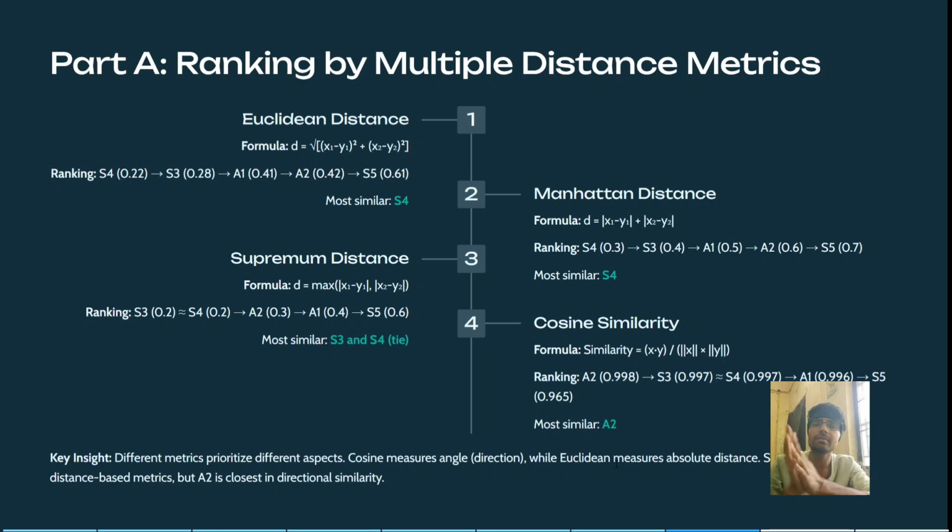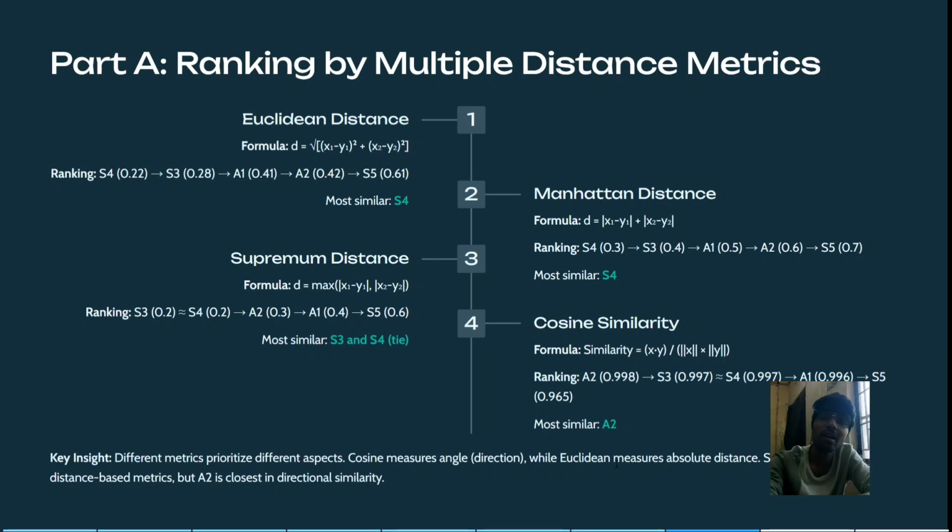So notice something interesting. With cosine similarity, the ranking changed. S2 is now the most similar. This is because cosine measures the angle between vectors, not their magnitude. All their profiles are pointing in a very similar direction, meaning they have a similar pattern even if the absolute values are different.